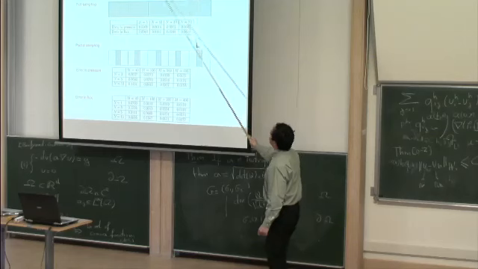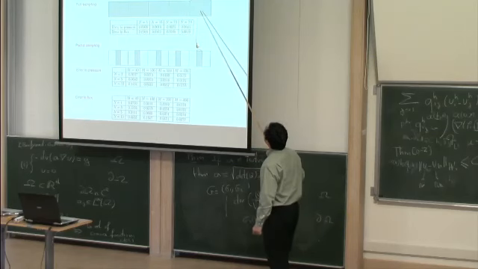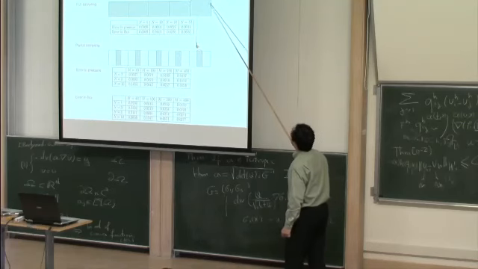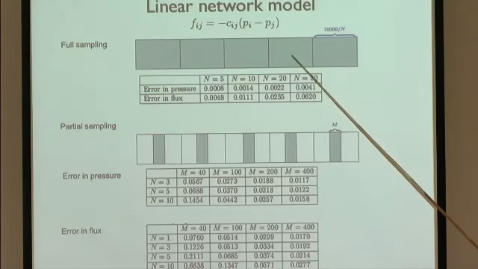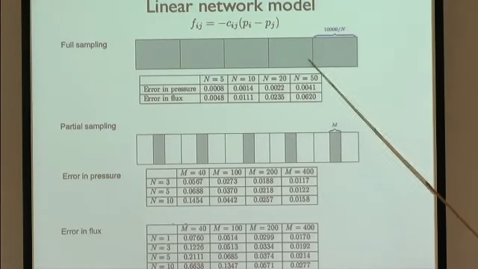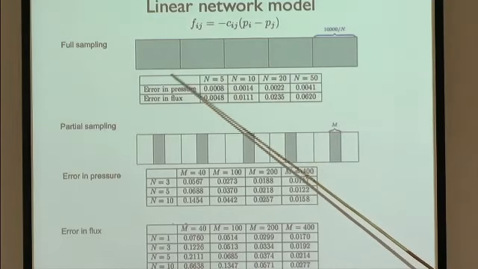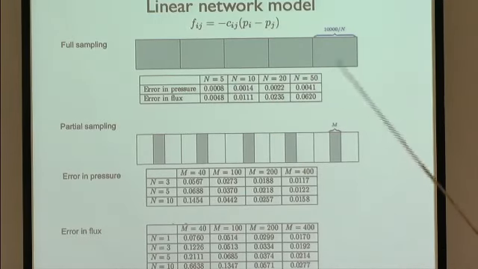Here, if you have a linear network, and the network domains that you use are neighboring each other like that, then this is the error that you have. Or you shrink it, you only use a thin slice instead of a fat slice, then you get this kind of error in pressure and in flux.